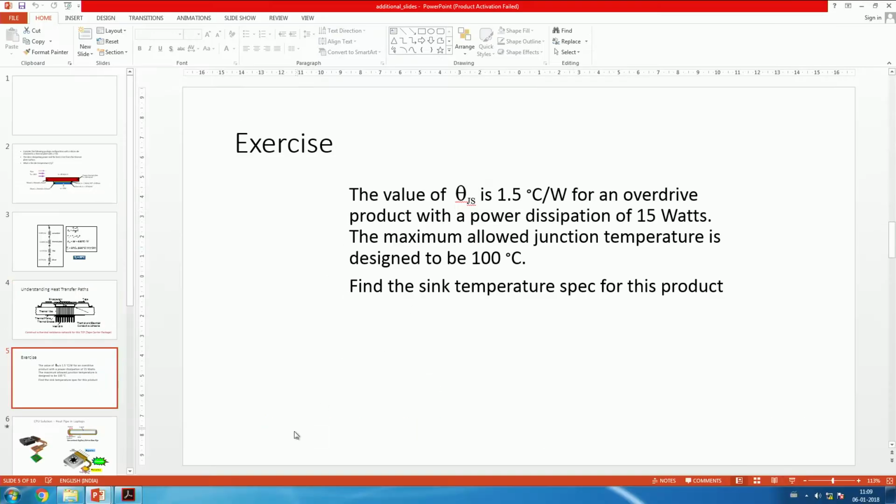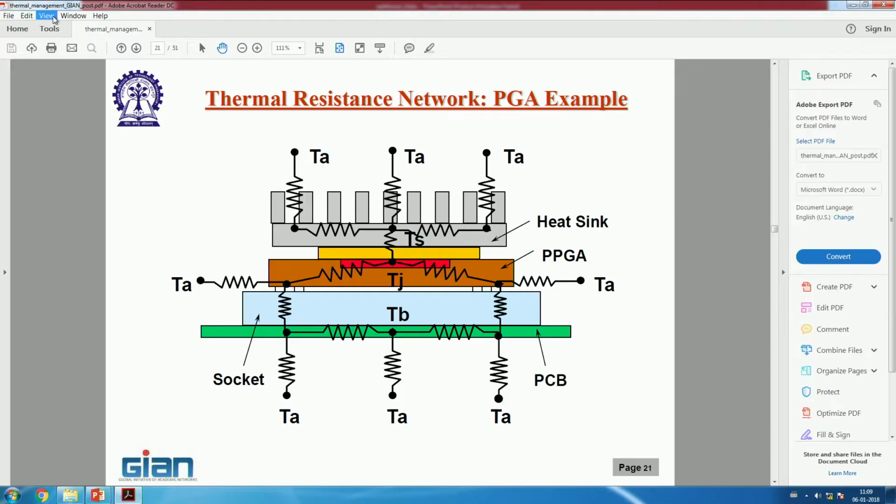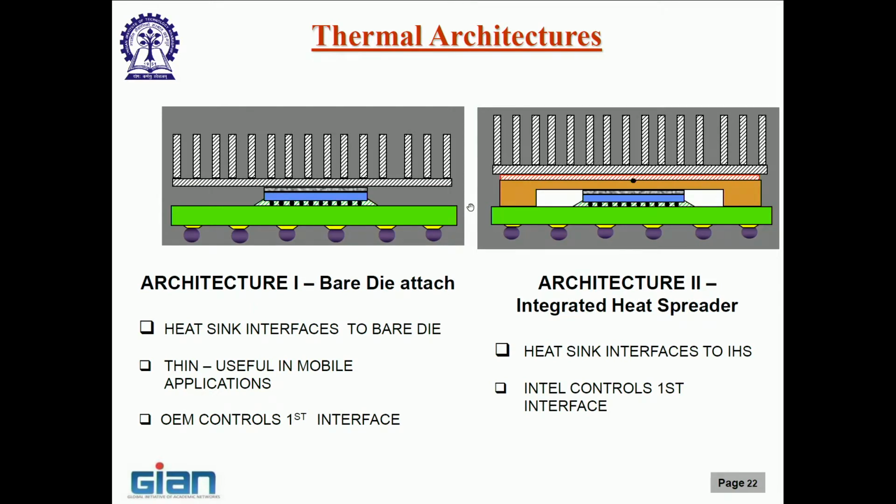So, let us go back to the other one now and talk about some nomenclatures. All right. Now, these are two common thermal architectures. I think I have the props that I got from yesterday, these two examples. The first one is called the bare die attach.